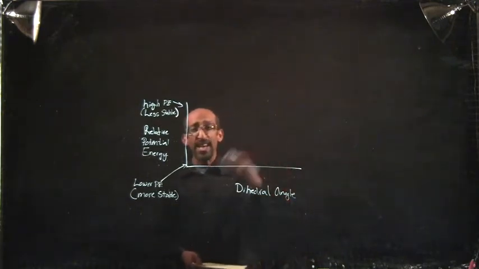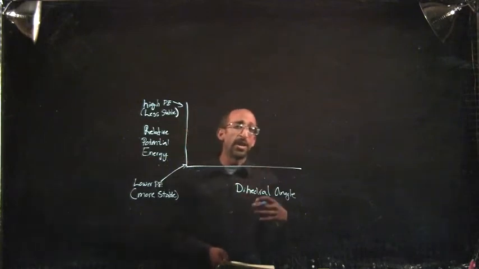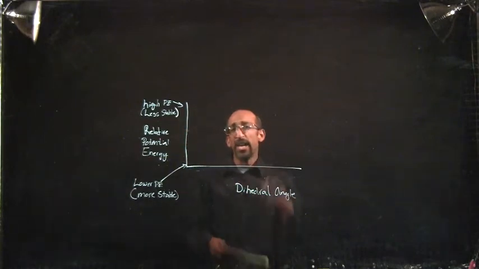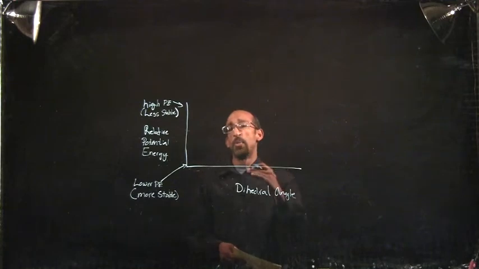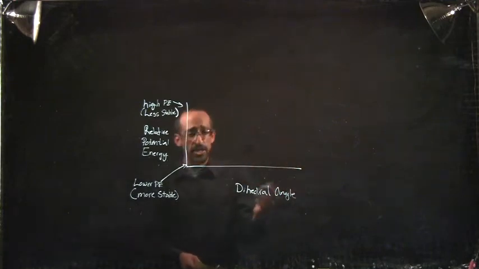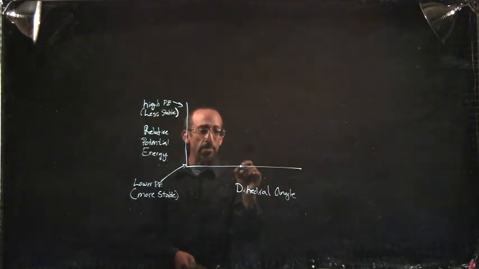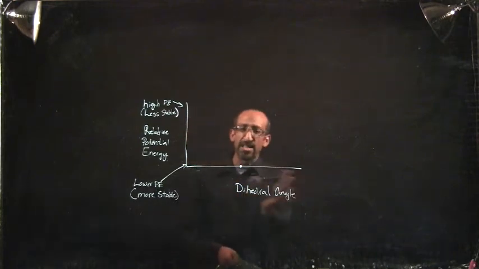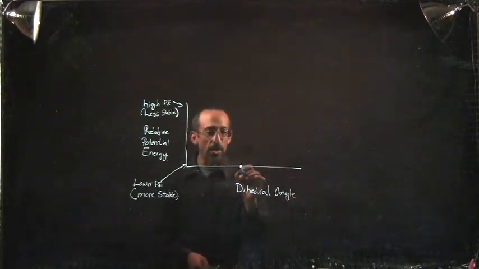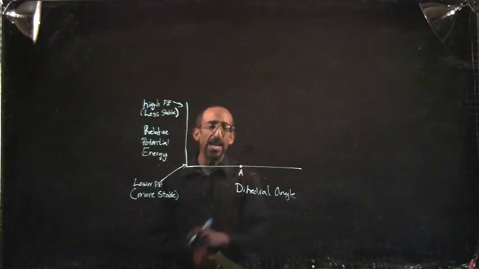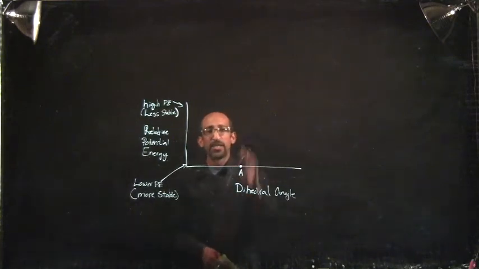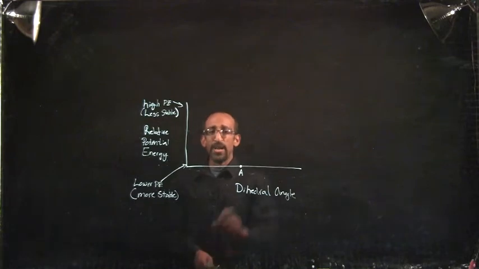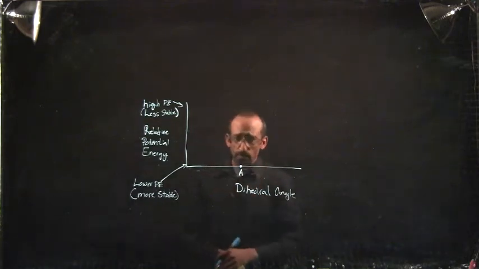So because anti has the least amount of any kind of strain in it, it defines our 0 point in terms of relative energy. So I'm just going to go ahead and put a point right here, about the middle of my x-axis. I'm going to use an A to label that as my anti-conformation, and it's lowest in energy.